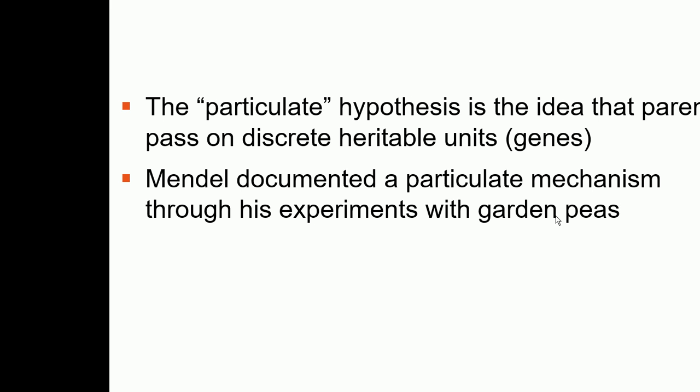But Mendel came up with a particulate hypothesis, on the basis of which parents pass on discrete heritable units. Now we know what genes are, right? At that time, the word gene was not there, and the exact word used by Mendel was heritable factors.